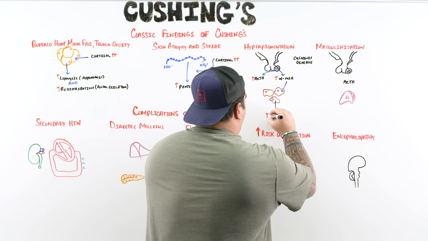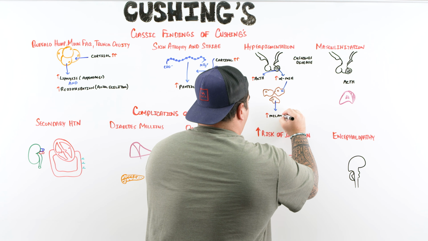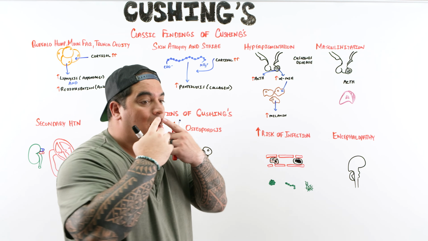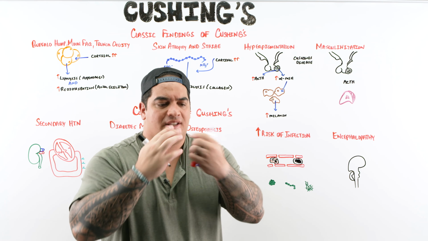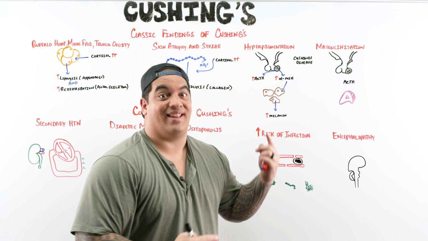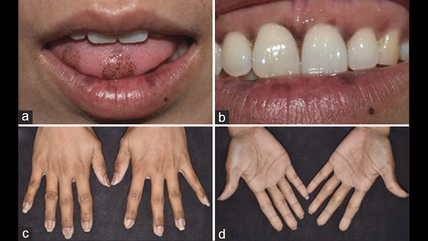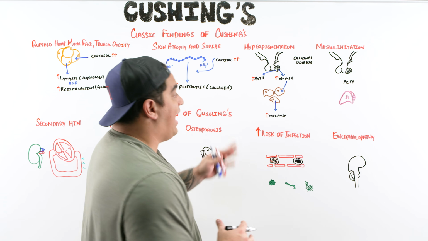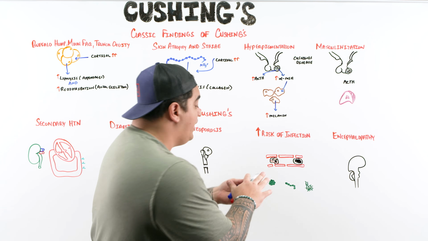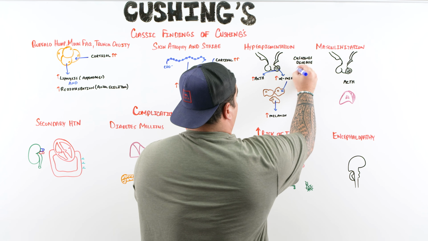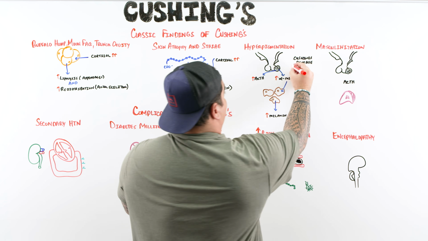When a lot of melanin is produced, it will particularly deposit in the skin, or maybe the lips, around the face, hands, feet, and it looks like this. So we see now that hyperpigmentation is a result only of Cushing's disease, not of Cushing syndrome.